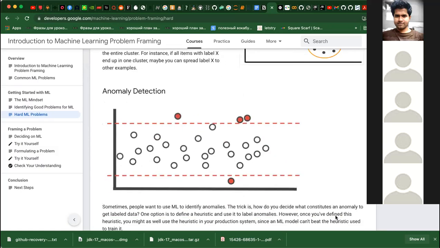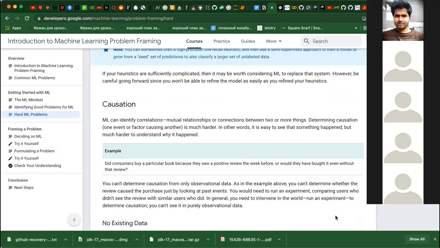I always think that applying machine learning to our problem is super challenging. Yeah, thank you. That's right.